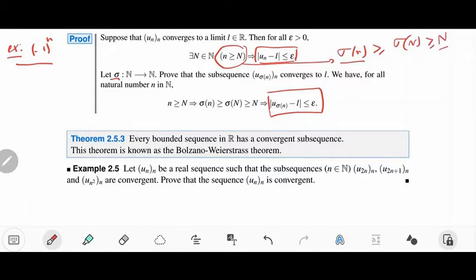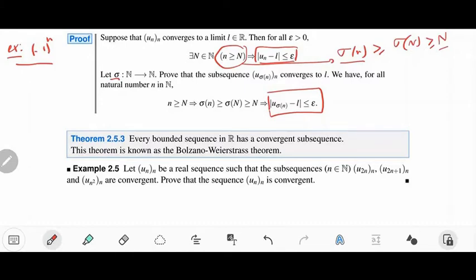I will prove an example to finish the chapter that will state that if you have some subsequences converging to a limit, then the original sequence will be converging to the limit in some conditions. So if the selection of the subsequences is special.